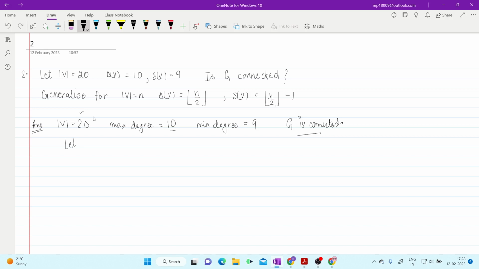Since maximum degree is 10, let V1 be a vertex of maximum degree. That means V1 has degree 10. Therefore V1 is attached to 10 more vertices: V2, V3, V4 till V11.